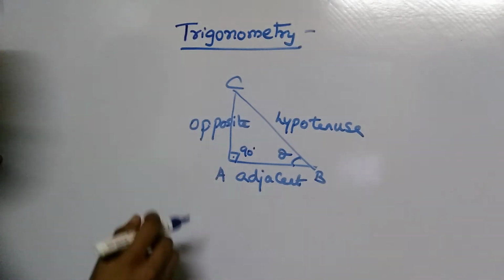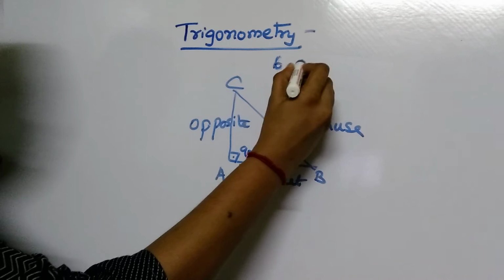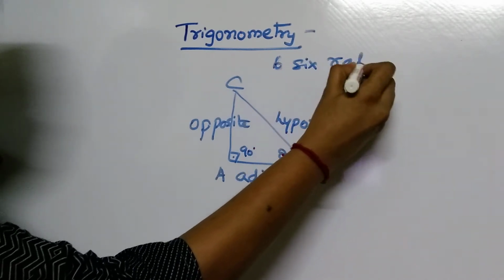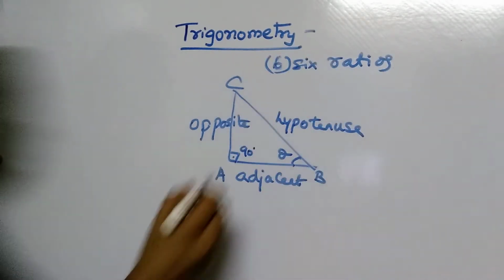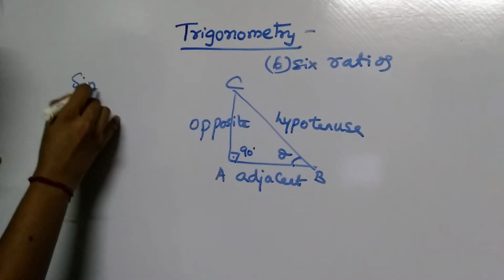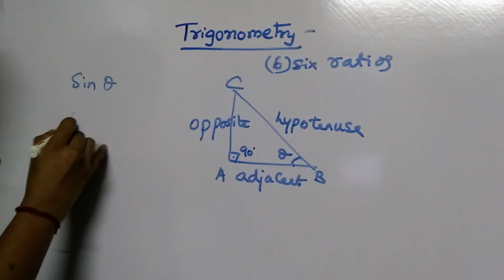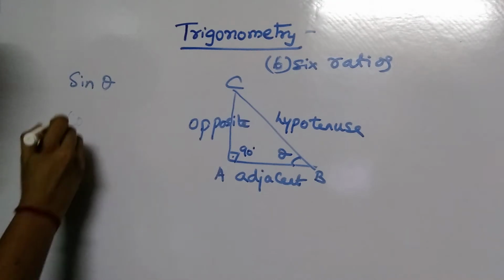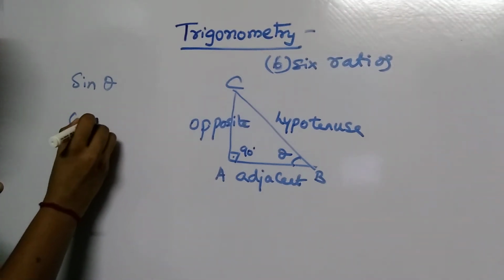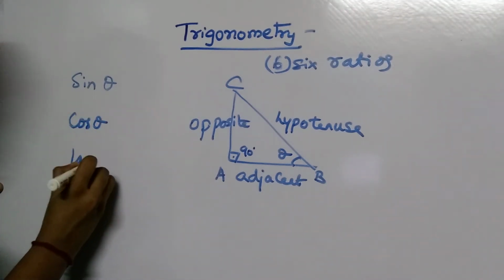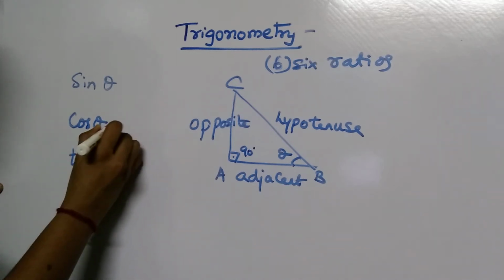Now trigonometry deals with 6 types of ratios. What are the ratios? Sine of angle theta, cos of angle theta, then tan of angle theta. These main 3 we will learn first.